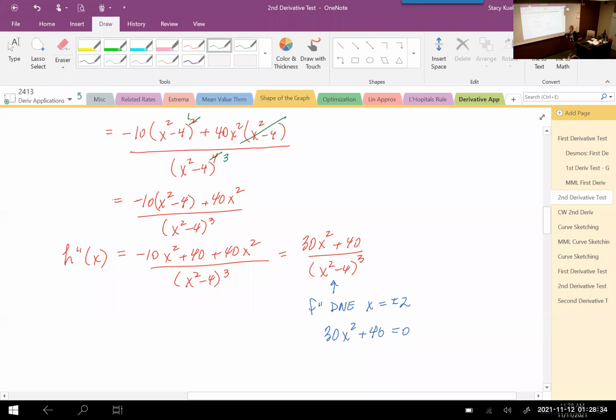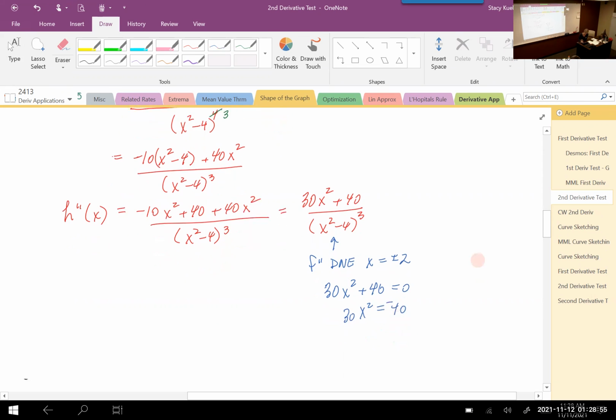In other words, the x-intercept of the second derivative is where the numerator is equal to 0, okay? So divide both sides, x squared, or I guess I would subtract 40 to the right.